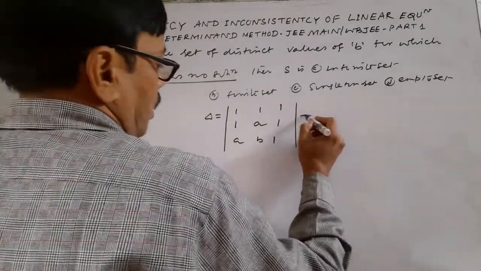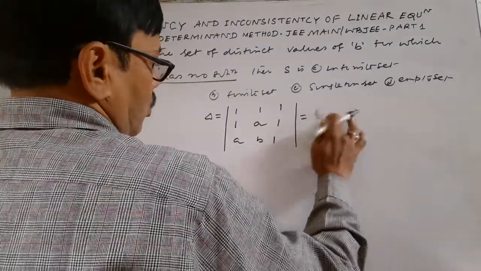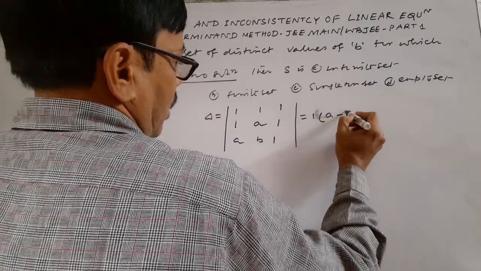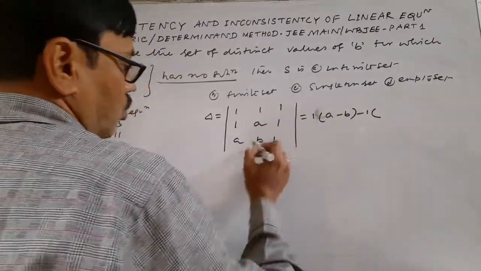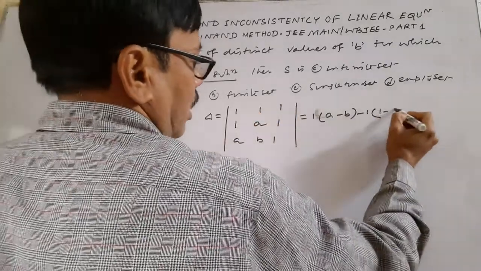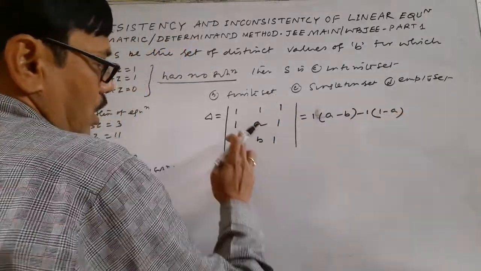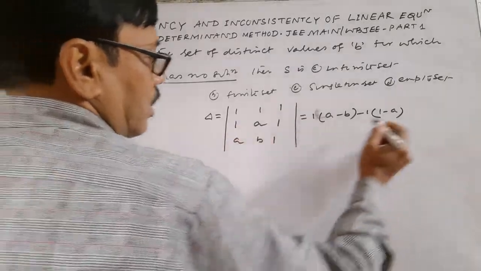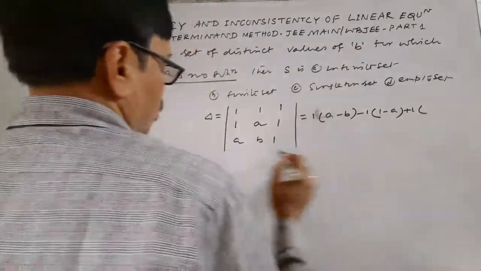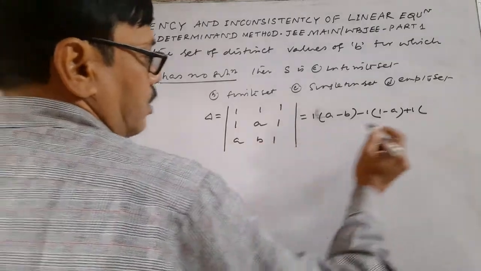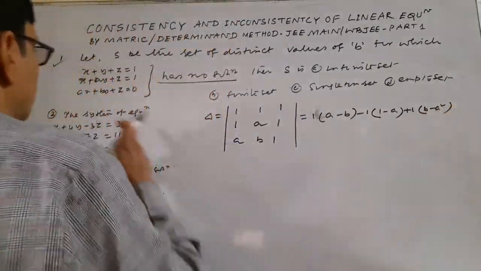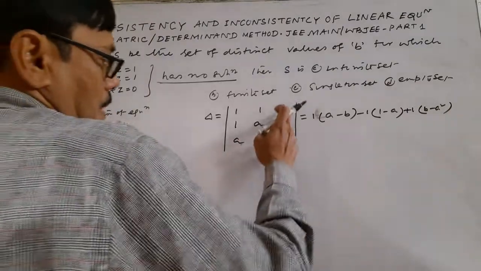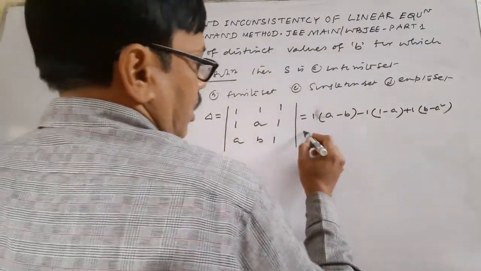If we expand it, 1 into (A minus B) minus 1 into (1 minus A) plus 1 into (B minus A square).